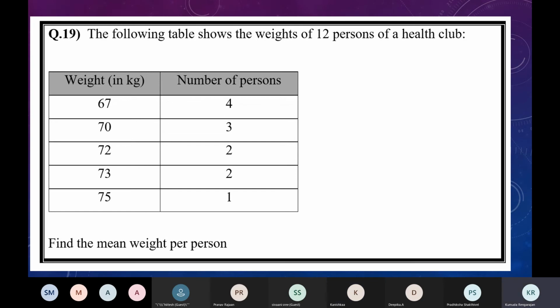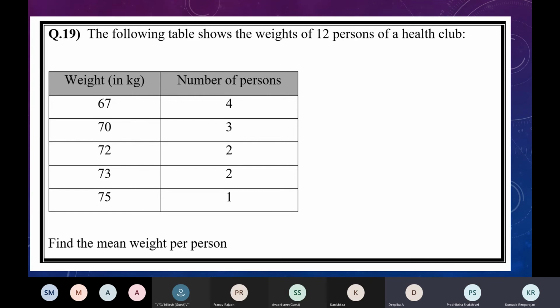Okay, the subject is statistics, but what do you call a data table like this? No, I want the answer from you, because after having done bar graphs and histograms and frequency polygons.